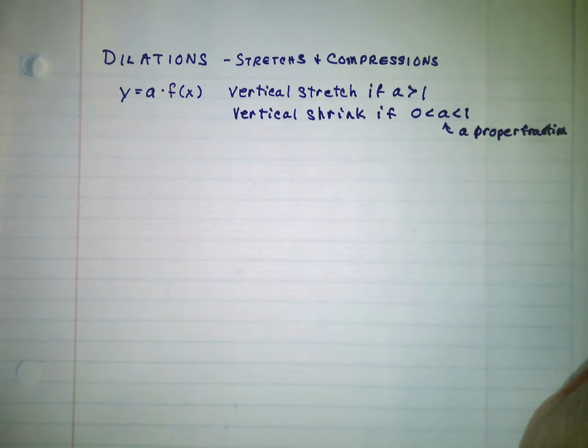That's going to generate a graph where the y values are twice as high, which you would expect. But what some people forget is the y values are also twice as low.